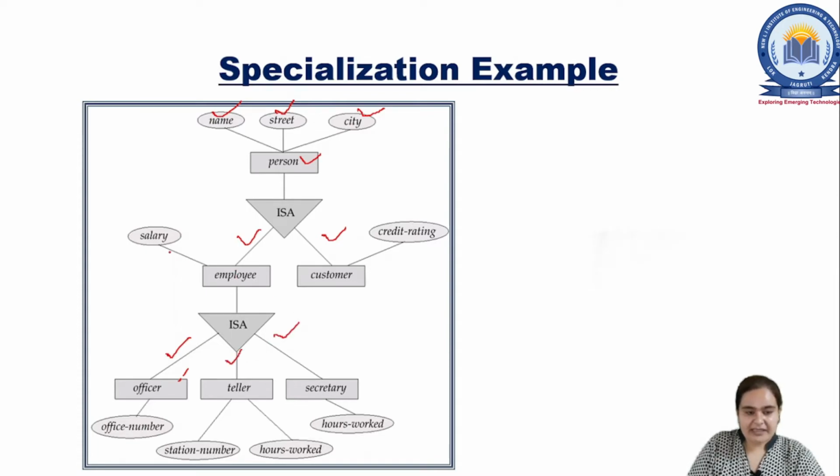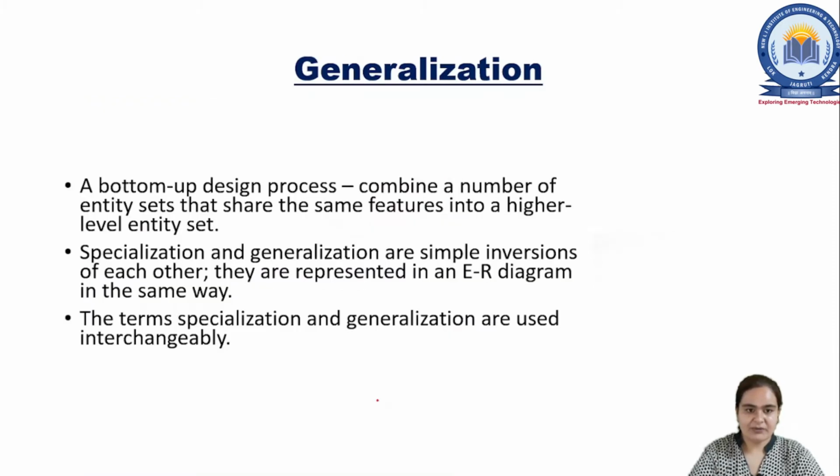They all carry one attribute, that is salary, and they also have other distinguishing attributes. So we have office number for officer, for teller we have station number and the hours they worked, and then the secretary also has the hours they worked. So we have some distinguishing attributes as well.